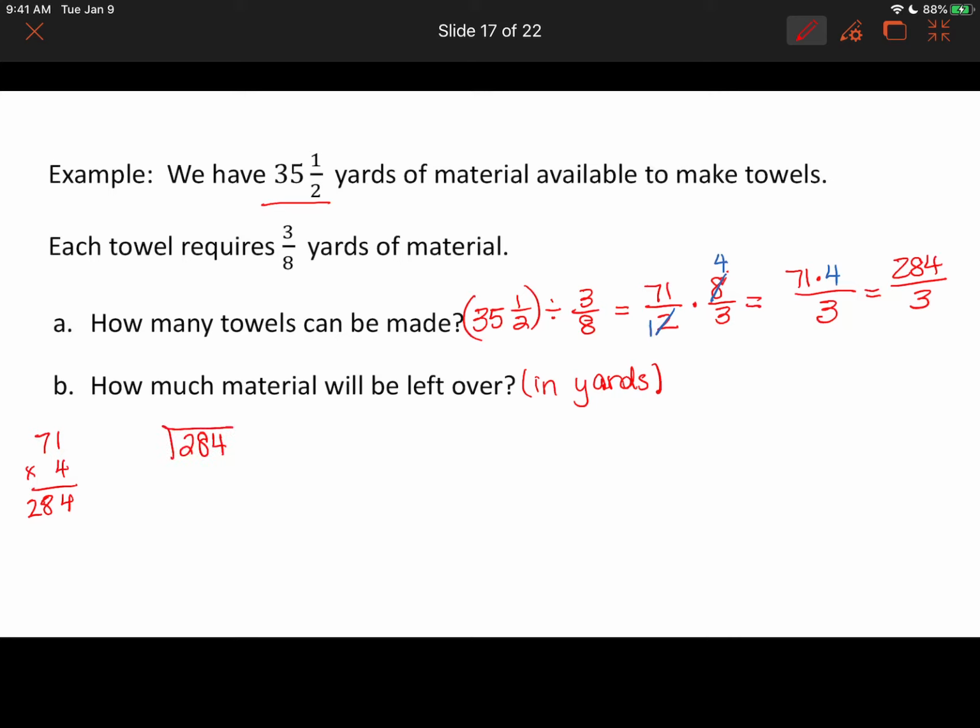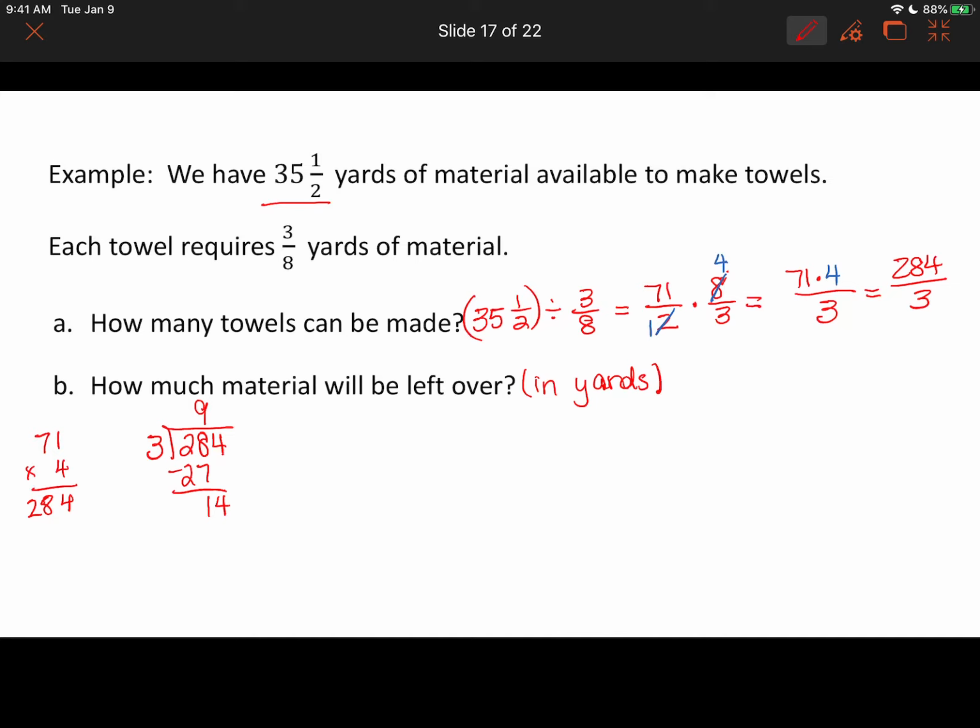284 divided by 3. How many times does 3 go into 28? Nine, right? 3 times 9 is 27. And I'm left with 14.